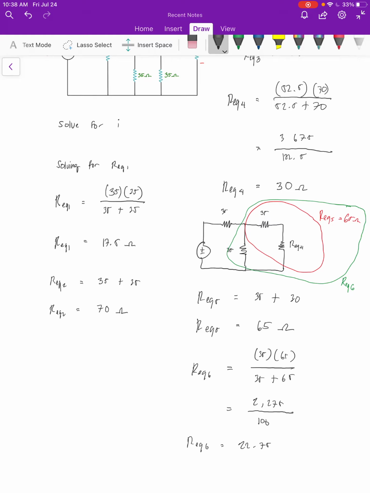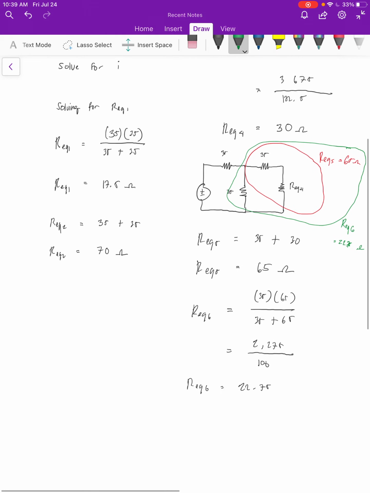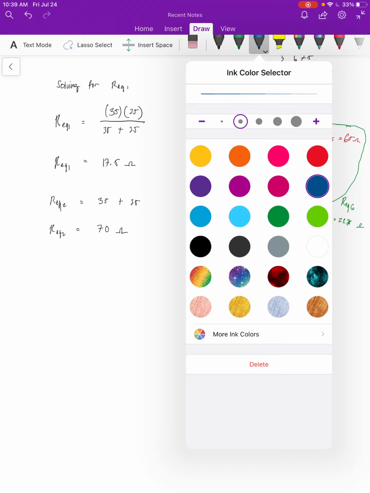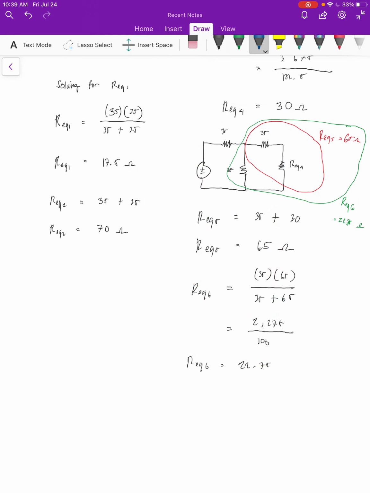So yeah, that's our REQ6. Just going to write it right there. So we have our REQ6 as 22.75, rather, not 65. There, 22.75.